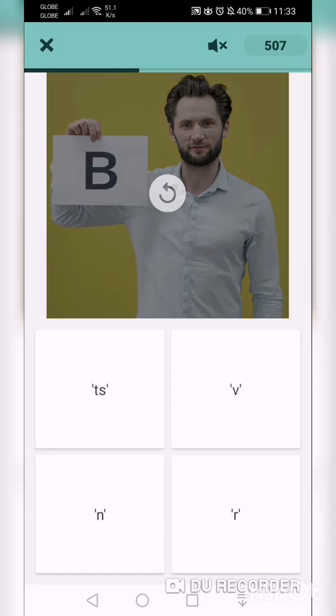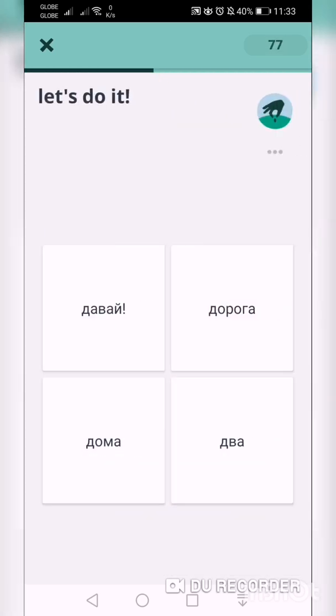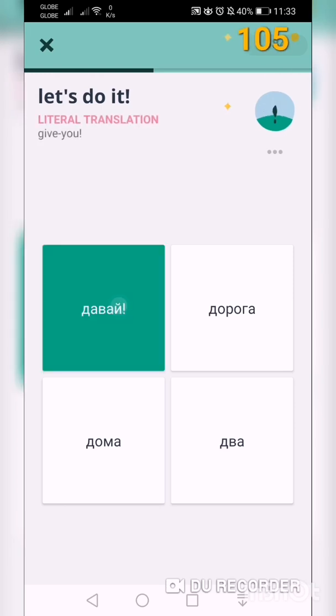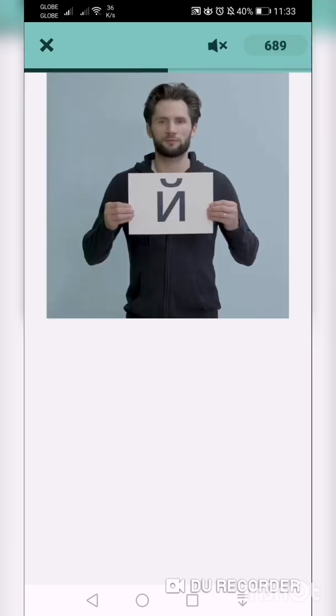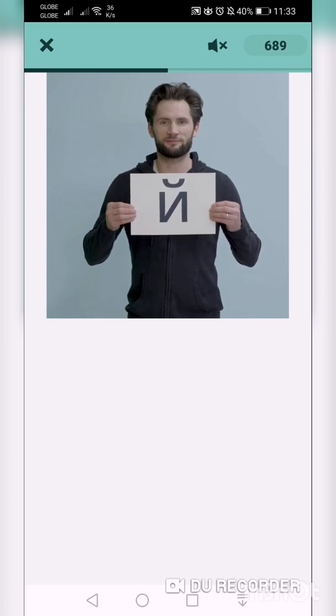Okay, so we all know that the letter B is a V sound. We just learned that. It's davai. Now we know that davai has a Y sound, and it looks like this. Давай. It has that symbol, the Й, which is right there.